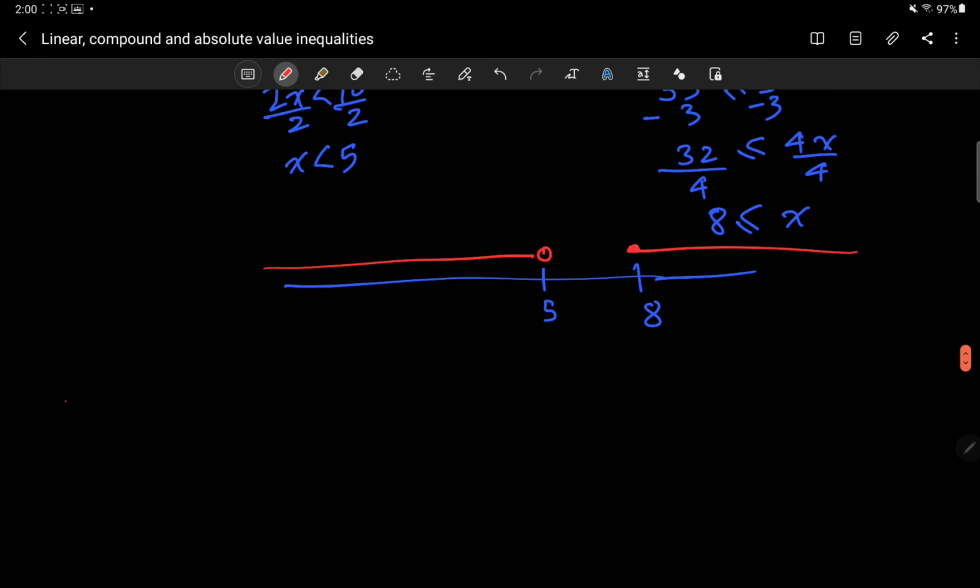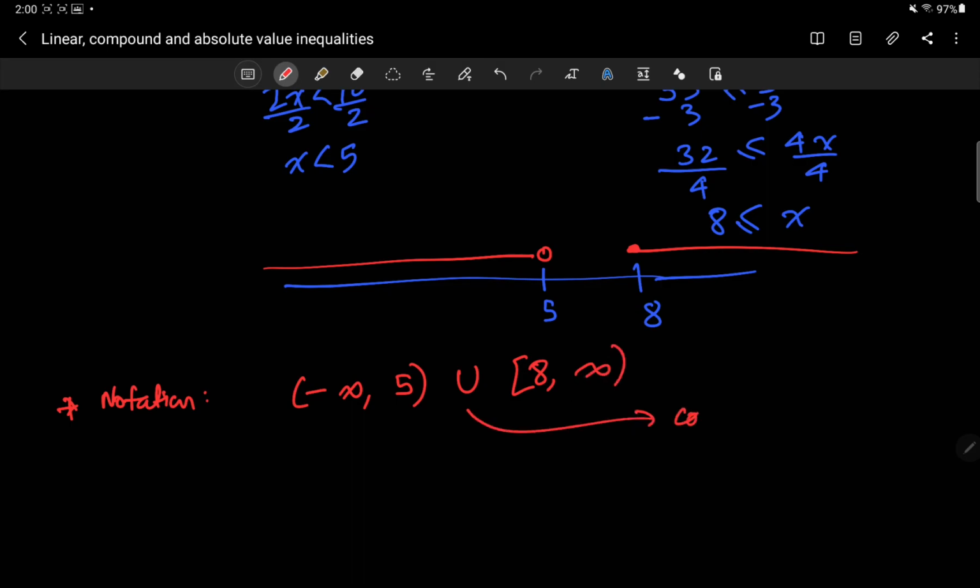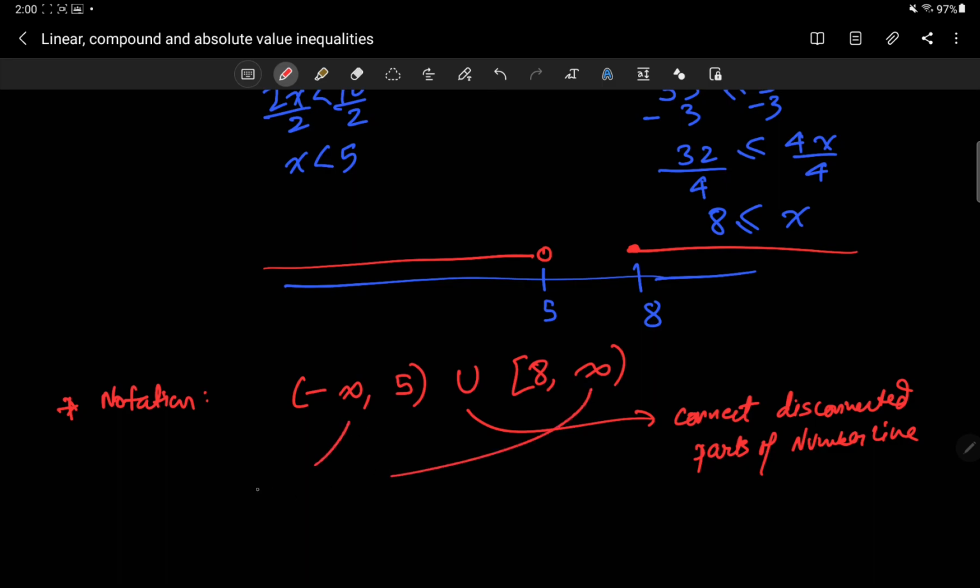Okay. So here we're going to introduce a new notation. When you have to write this as an interval, this is going to be -infinity to 5, and we use union 8 to infinity. This union is used to connect disconnected parts of the number line. And these symbols just mean negative infinity and infinity.